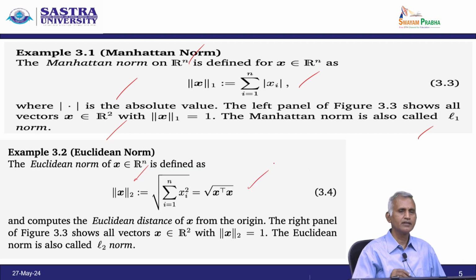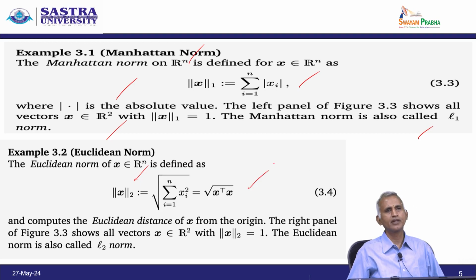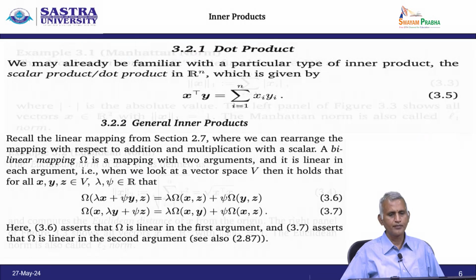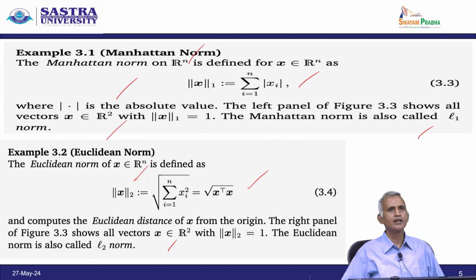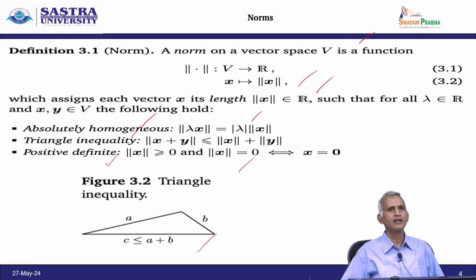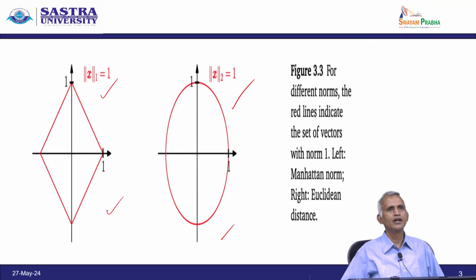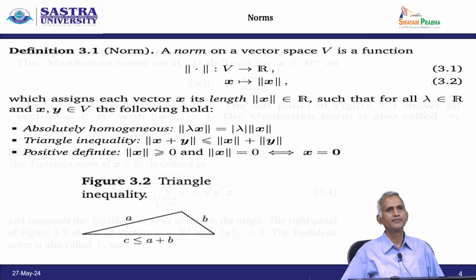Either we can write this norm as the root of x transpose x, and it computes the Euclidean distance of x from the origin. The right panel of figure 3.3 shows all the vectors x in R square with norm of x2 equal to 1. The Euclidean norm is also called the L2 norm. So, this is the corresponding picture we discussed already, and you know that this picture of the norm is represented.